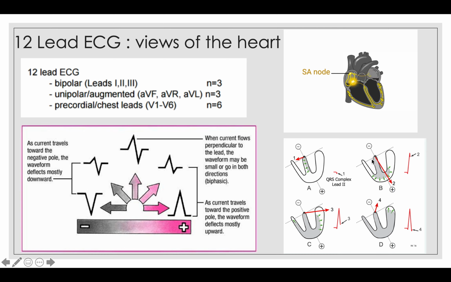Now as the wave comes down past the bundle of His into the ventricular walls, the vector becomes more greatly directed downwards, towards the apex of the heart, towards the ventricle. Here there is a positive pole because of your left leg, so this becomes a positive deflection, hence why the R wave is greatly positively deflected.